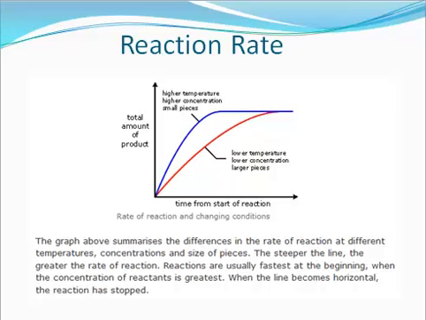The blue line had a higher temperature, a higher concentration of reactants, and smaller pieces. Alright, so then the red line, we take a look at that one, it had a lower temperature, lower concentration of reactants, and larger pieces. So that changed the reaction rate of those two chemical reactions.